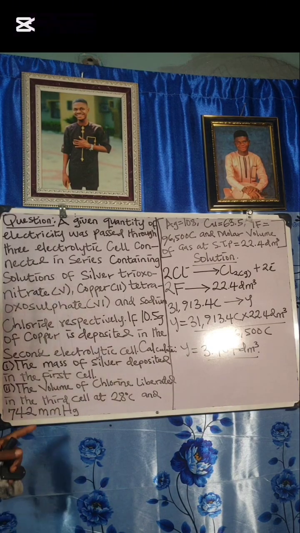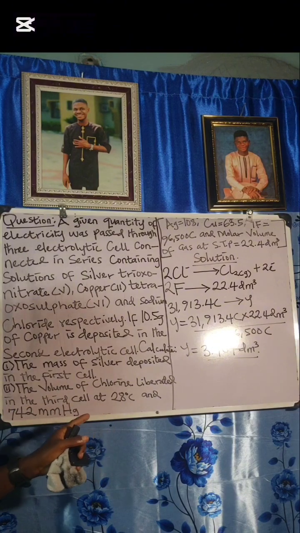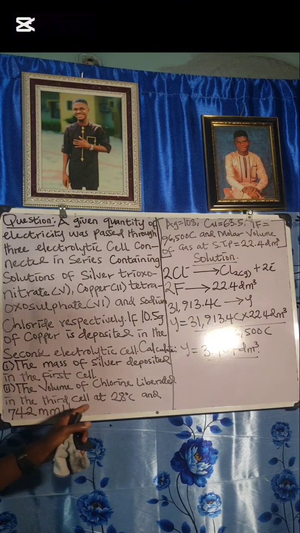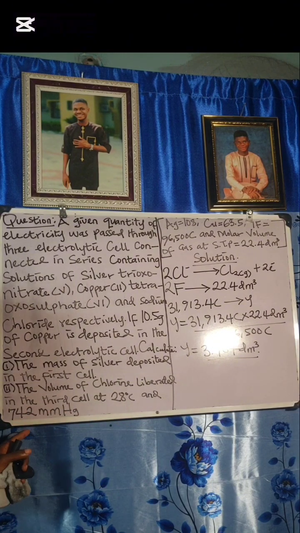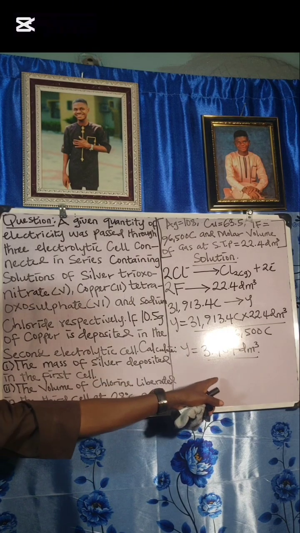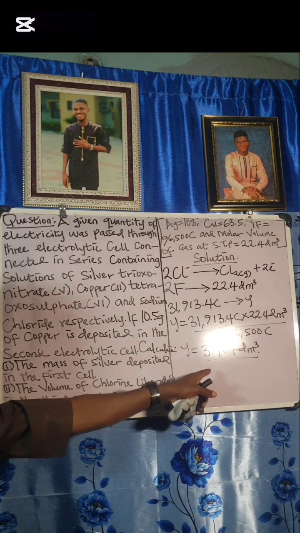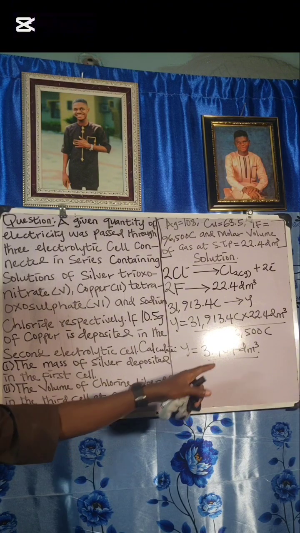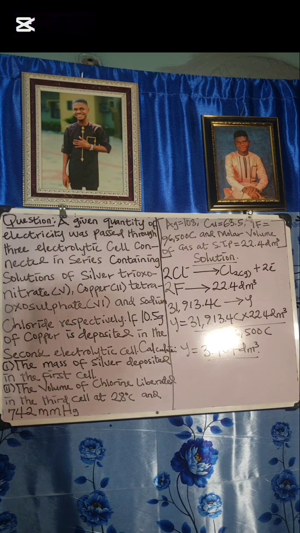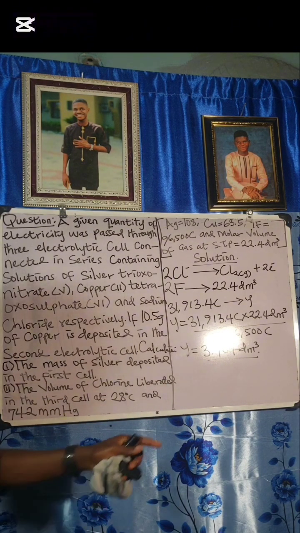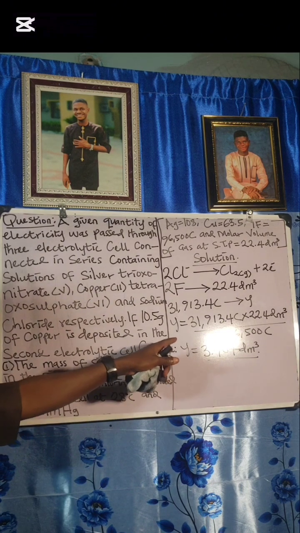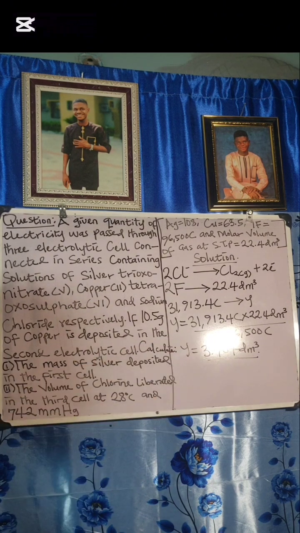Now the question says we should calculate the volume of chlorine liberated in the third cell at 28 degrees C and 742 millimeters of mercury. Let's call the volume liberated at STP by this quantity of electricity V1.